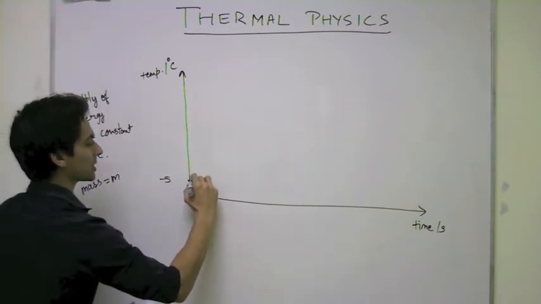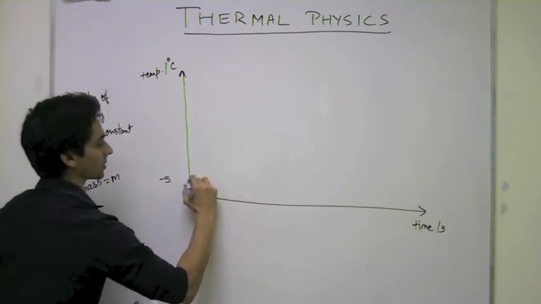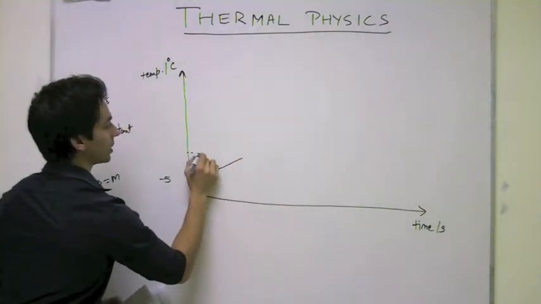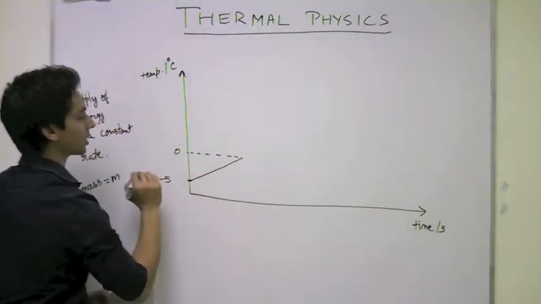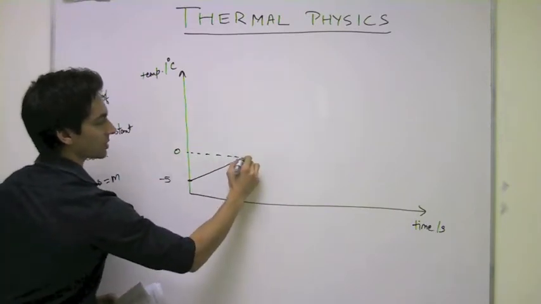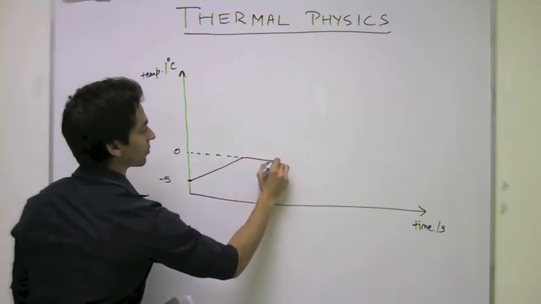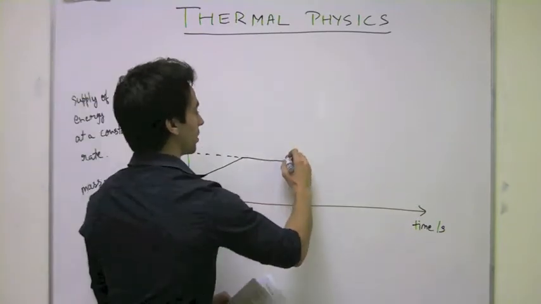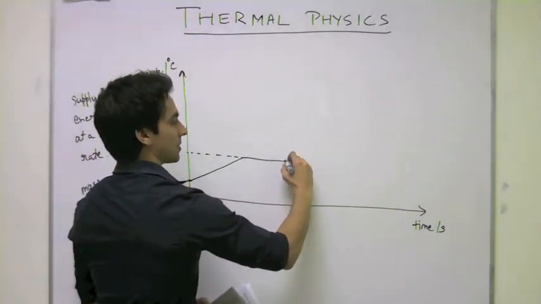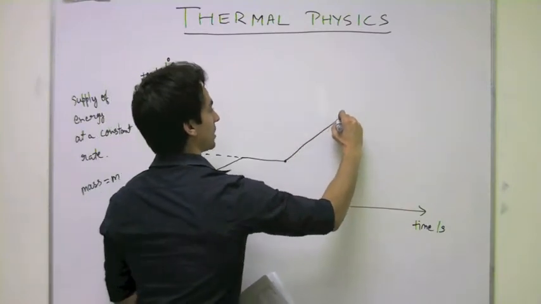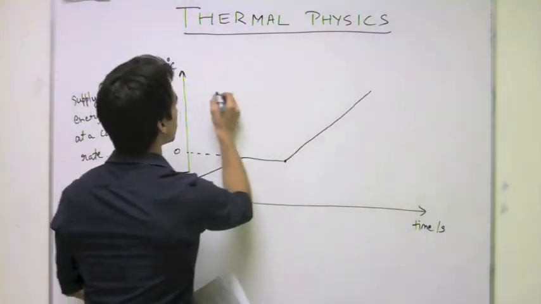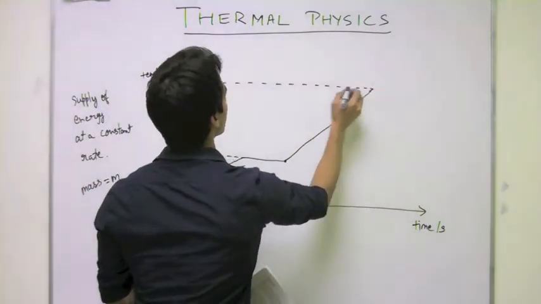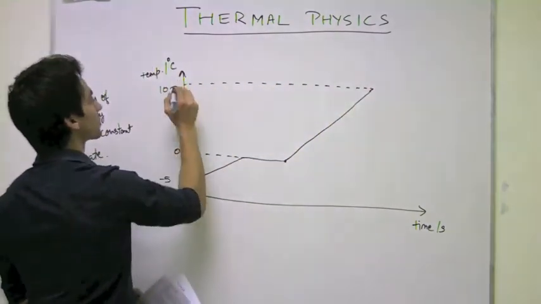What's going to happen is that as time passes, the temperature is going to increase steadily until I reach 0 degrees Celsius. At 0 degrees Celsius, the temperature is going to remain constant for a while as my block of ice melts. When all the ice has melted, the temperature is going to increase steadily again to a point where the temperature is now 100 degrees Celsius, alright.